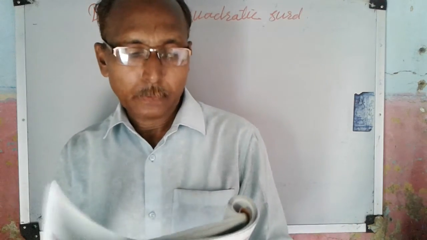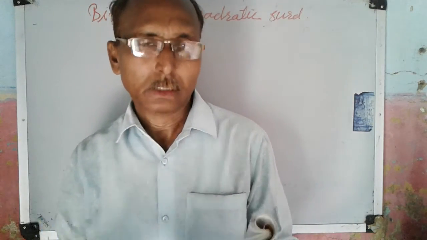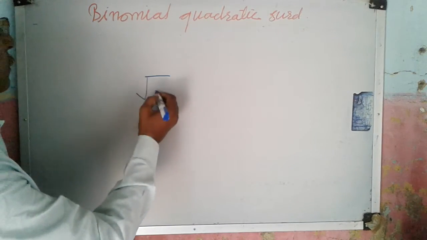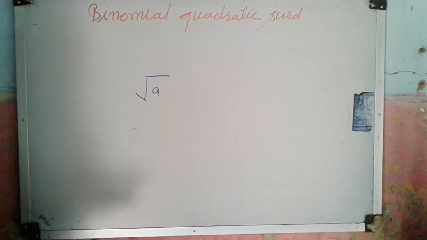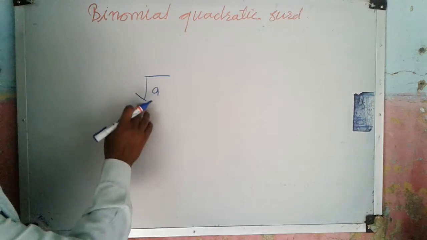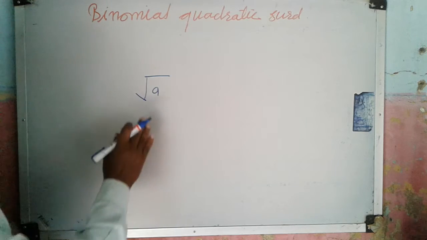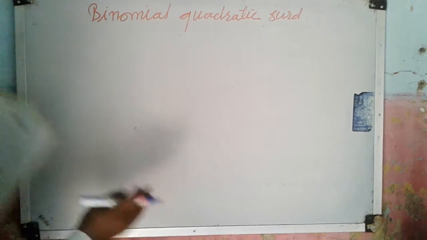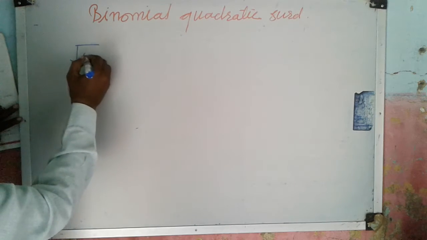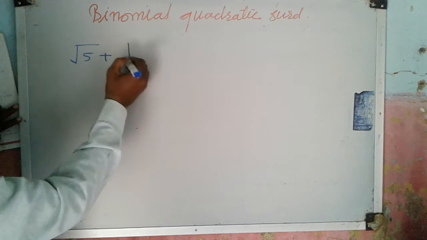In this chapter previously we have studied the order of the surd. Suppose now here under root a, here the order is 2, therefore this is called quadratic surd. Now here these two surds are here, root 5 plus root 3.